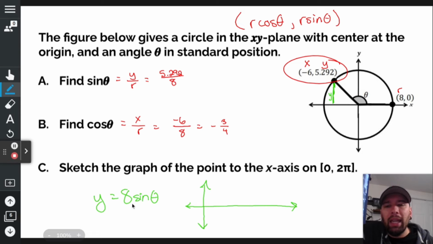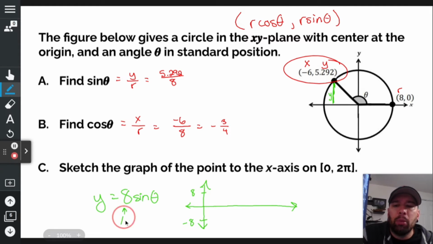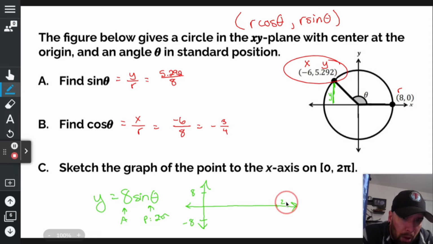So 8 sine theta is the same thing as regular sine theta that we saw two slides ago, but we go up to 8 now, and we bottom out at negative 8. 8 sine theta still has a period of 2 pi with the amplitude being 8. So it's going to repeat at 2 pi, which means its magic happens at regular pi.